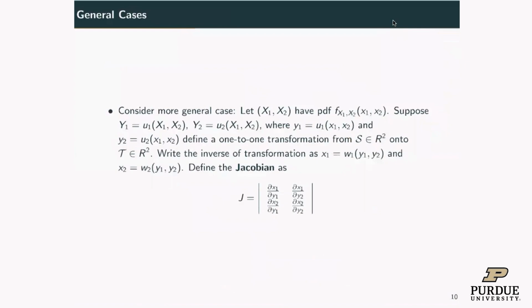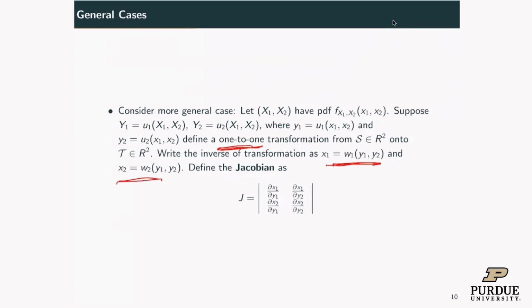Now for the general case, let X1 and X2 have a joint PDF. Suppose Y1 is u1(X1, X2), Y2 is u2(X1, X2). So this transformation is one-to-one. I can get the inverse transformation.